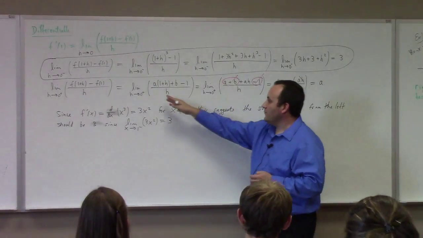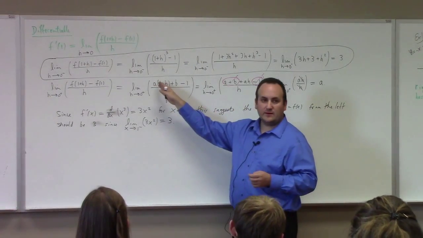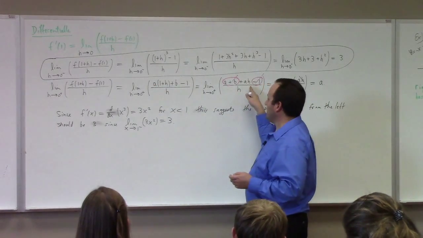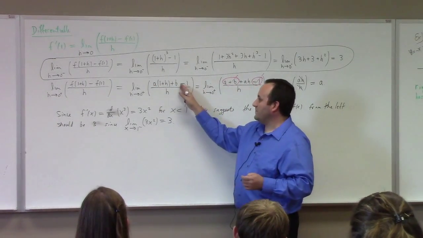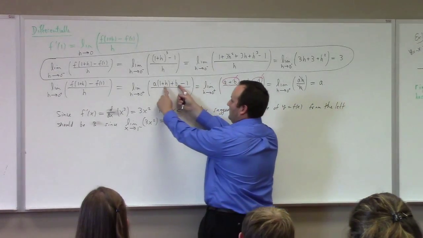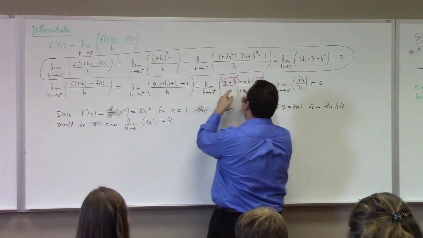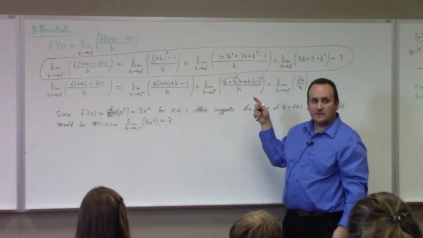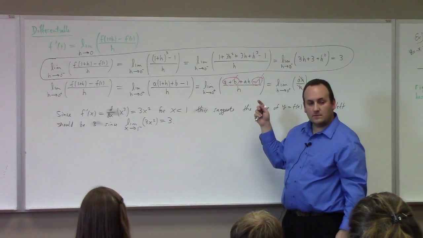From here to here, what I did was I multiplied a times 1, which gives me a, and a times h gives me ah, and I switched the order of the b and the a times h term because I wanted the a and b to be together for my cancellation. And then how did you get just a?